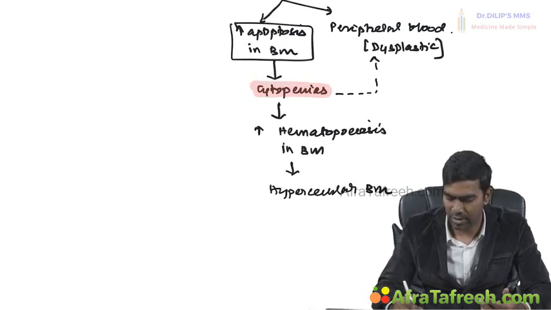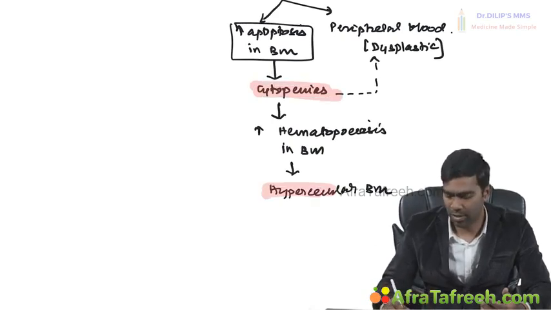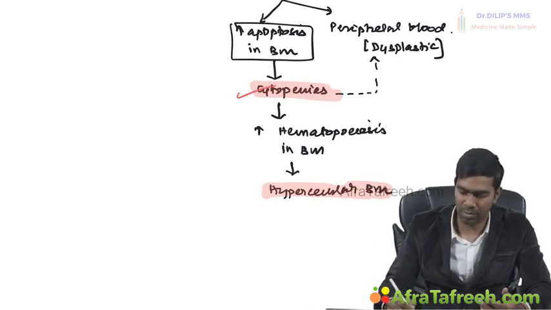You can see there is a cytopenia in the peripheral blood with a hypercellular marrow. Very important, which means the bone marrow is very, very active in producing excess cells, but they are inefficient and dysplastic. Because of that, there will be increased apoptosis, and they are not sufficiently entering the peripheral blood, and they are going to go for cytopenias. This is a very, very big paradox. So this is what you are going to see.